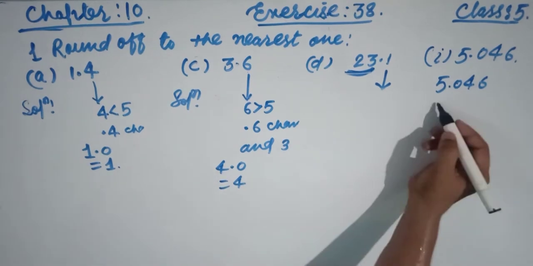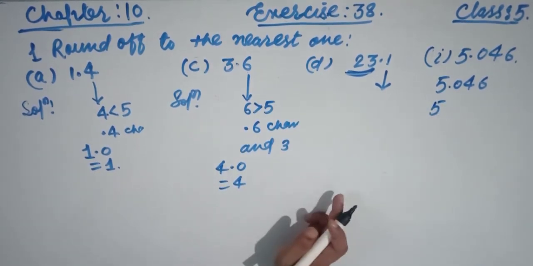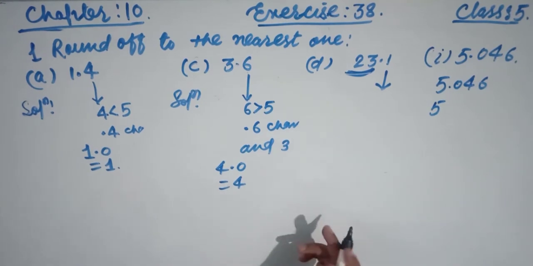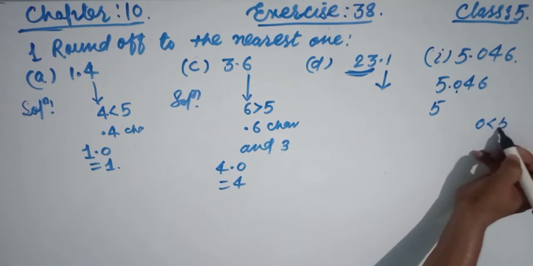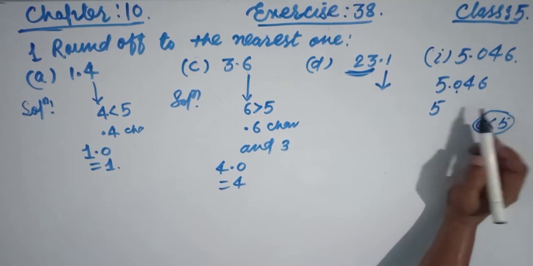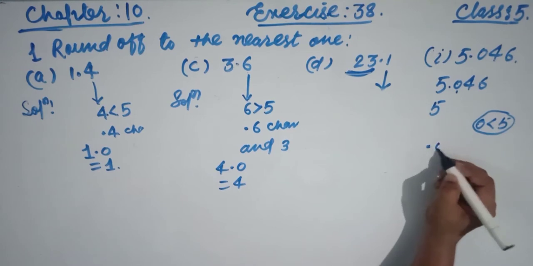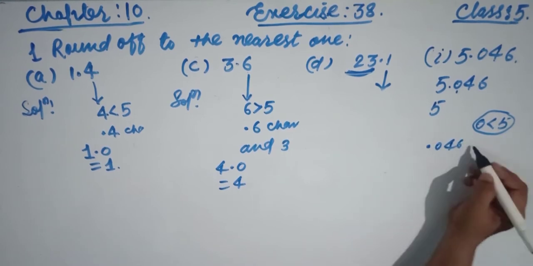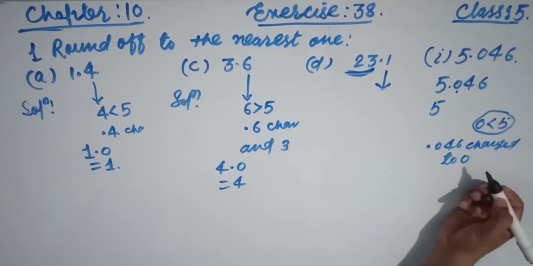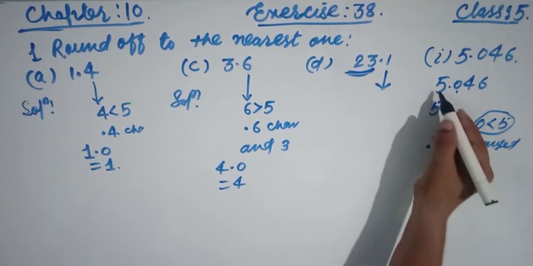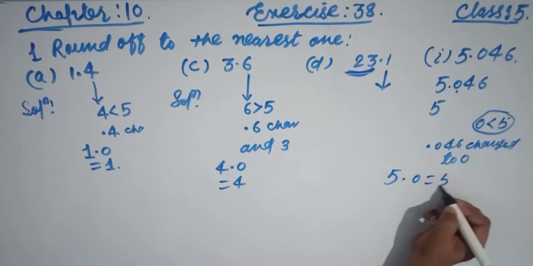This could be written as only 5, because we are going to round to the nearest ones. So here, friends, have a look. The 10th place is 0. We have to see the 10th place, 0, which is less than 5. So 0.046 changes to 0, and 5 stays as it is. So write this 5.0. So this could be written 5. This is the answer.